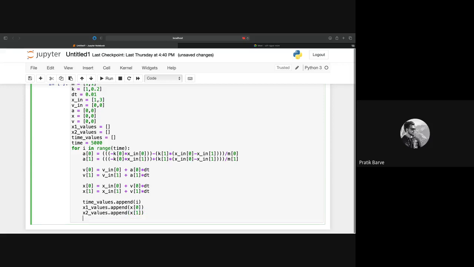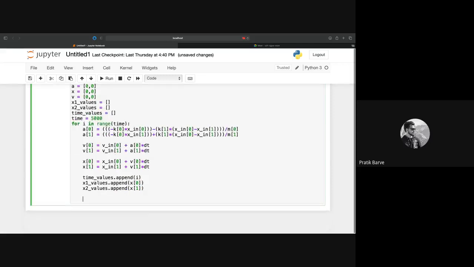So this is done. Now we are in a for loop. So we'll have to update these x0 and x1 values. So for that we'll say x in 0 will become our x0, and x in 1 will become x1.